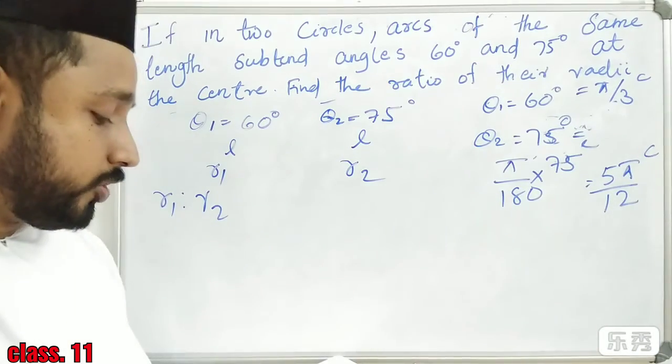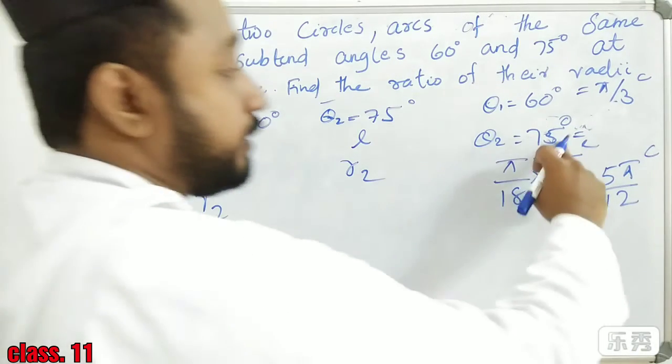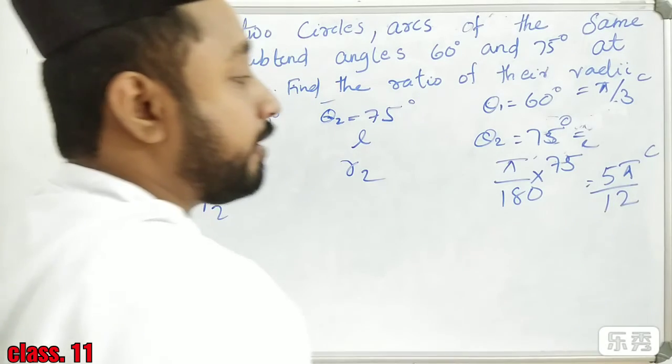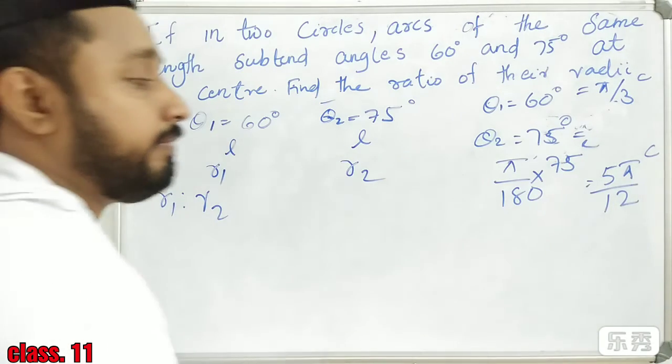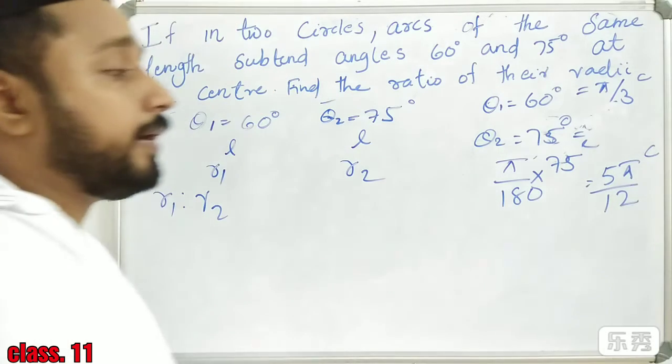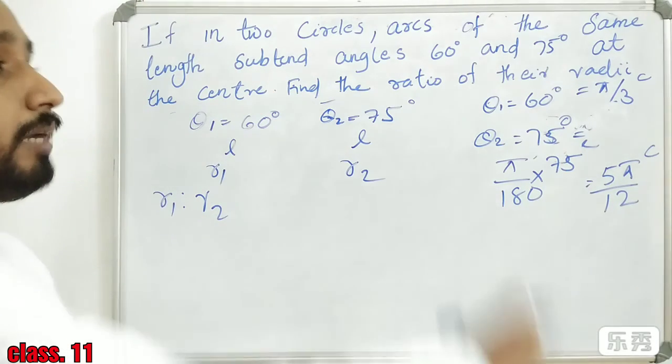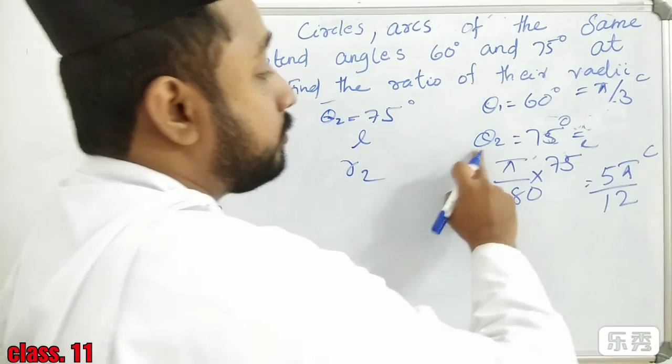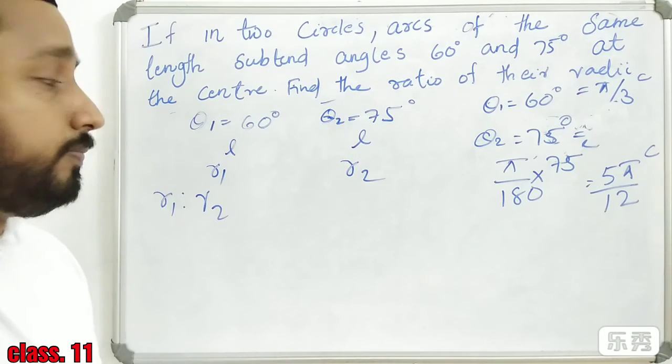When we cut 75 and 180, we get 5 and 12. So theta 1 is equal to pi by 3 and theta 2 is equal to 5 pi by 12.